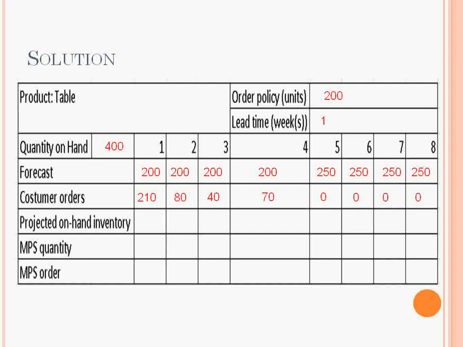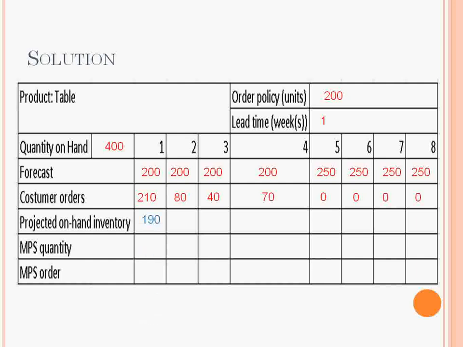In the first week, forecasted demand is 200, but our customers ordered 210, so we need to be able to sell 210 tables. No problem, because we have 400 tables as inventory, so after we sell 210, our projected on-hand inventory will be 400 minus 210, that makes 190.